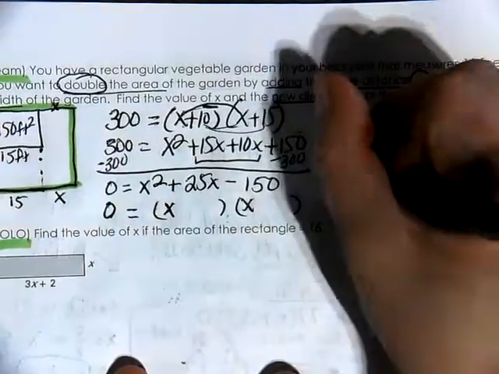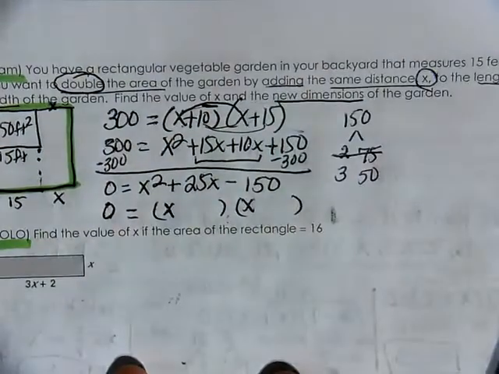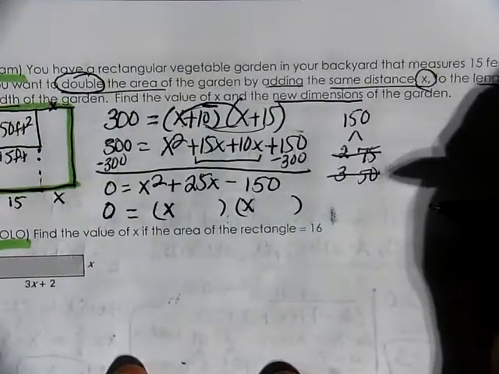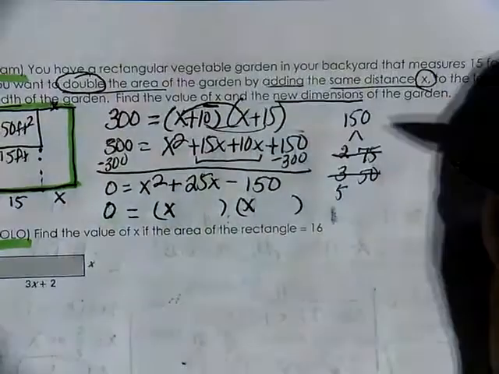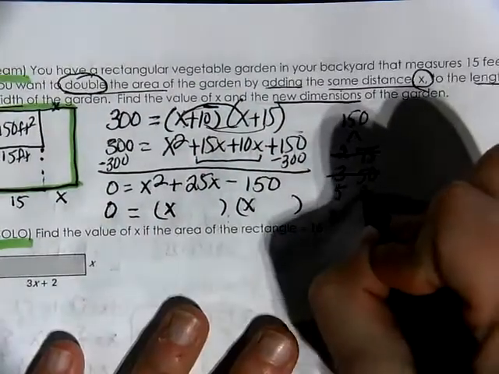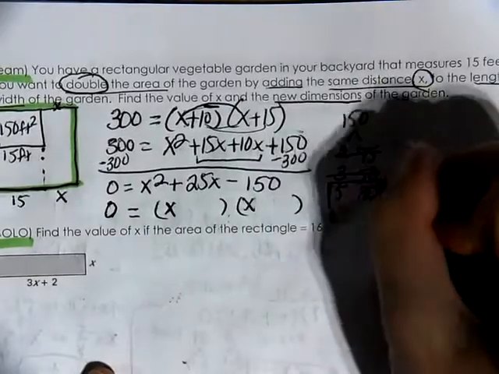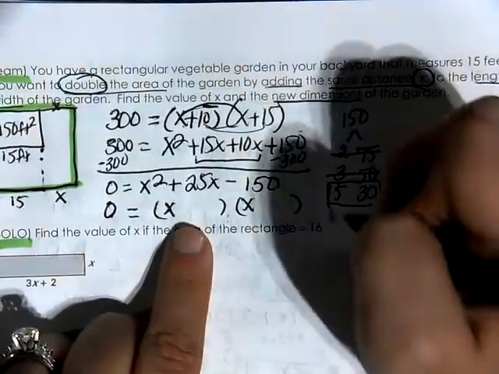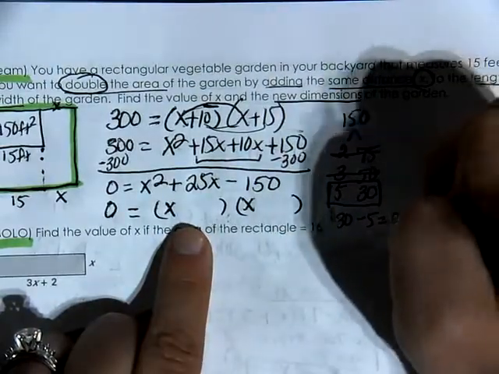So that's not going to work. 150 divided by 3, that is 50, and that's not going to work. 150 divided by 4 is going to be a decimal. 150 divided by 5, that is 30. Can I get a 25 from 5 and 30? Yeah, I can. If I were to go positive 30 and a minus 5, that's going to get me a 25.